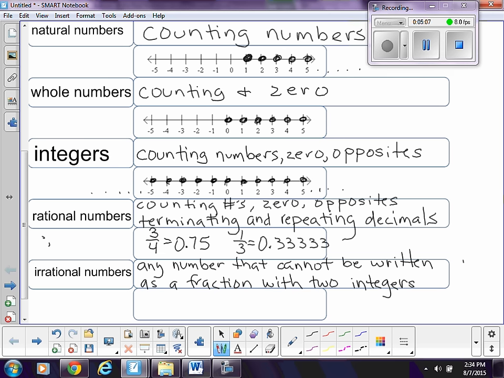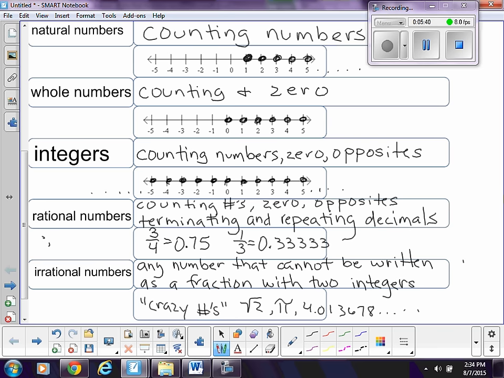They're going to be referred to as the crazy numbers. No repeat, no pattern, and not terminating. An example of that would be the square root of 2, 5, or a number like 4.013678, and so on.